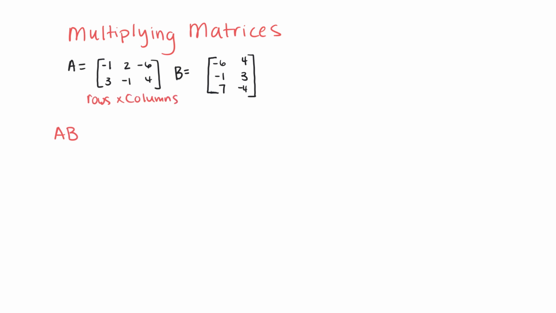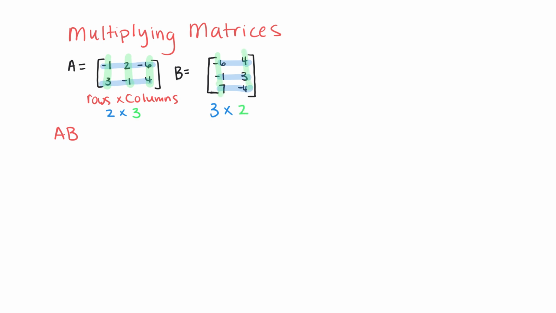Matrix A has 2 rows by 3 columns. And then I need to check matrix B. Matrix B has 3 rows by 2 columns.